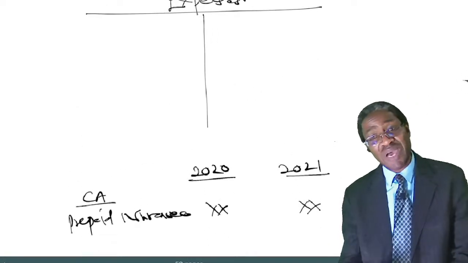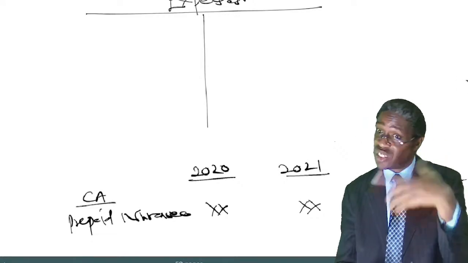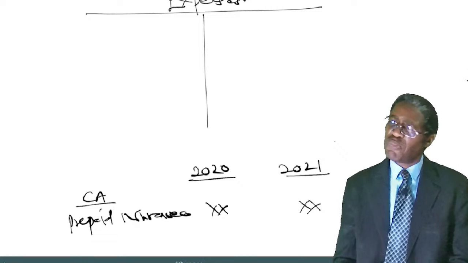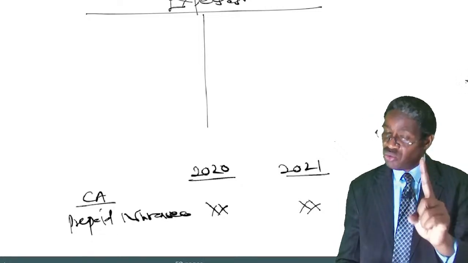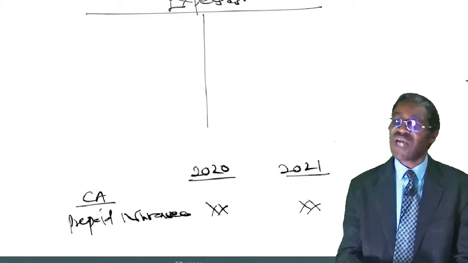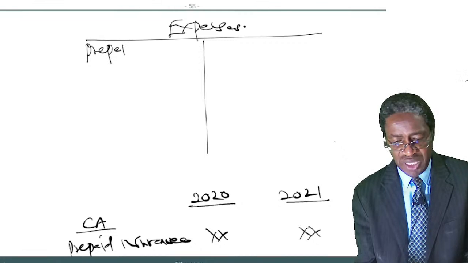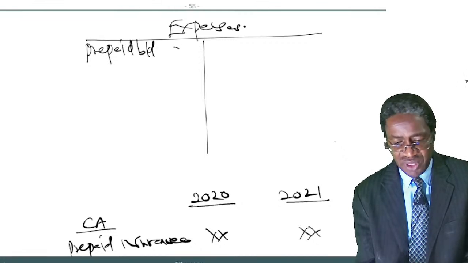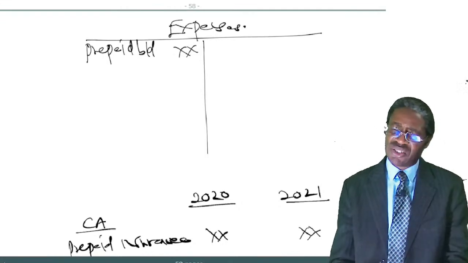So if I go to the balance sheet last year and I find there was a prepaid expense by whatever name, we know prepaid expenses are an asset. Listen, we also know an asset is always a debit balance. So you'll come and bring it here. You say prepaid, brought down, whatever it is. Then you go to the same balance sheet last year.